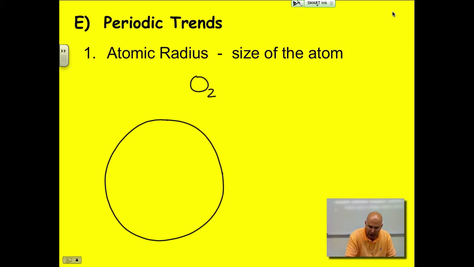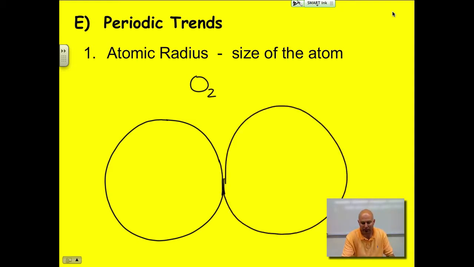They're sharing electrons. Okay, and then here's another one, and you have these sharing electrons in O2. But obviously, you've got your nucleus in the middle of each one.